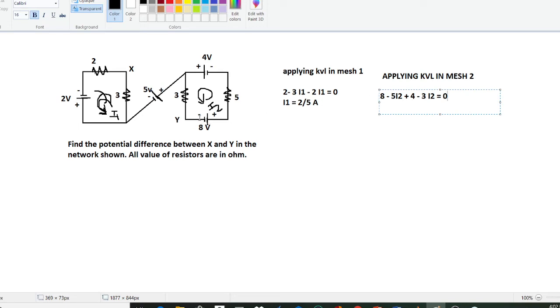Since the current is leaving from the positive polarity, it is plus 8 and minus 5I2, plus 4 volt and minus 3I2 equals to 0. From here we will get the value of I2. On calculating, I2 will be 3 upon 2.